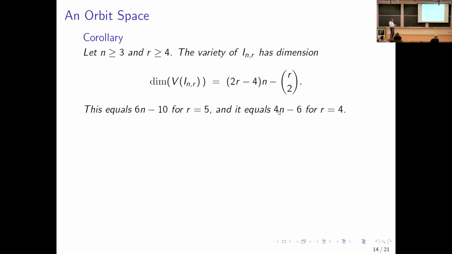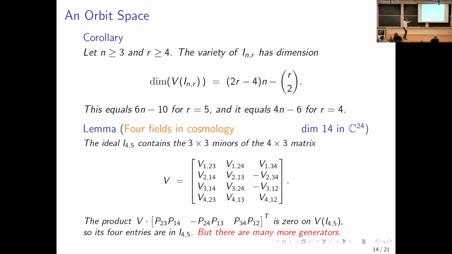This would be the same story for flatlanders, right? So if you have flatlanders at the time of the Big Bang, then my variety is dimension 4n minus 6, and that's the affine variety. So for example, 4 fields in cosmology, the actual cosmology is r equals 5. So it turns out that the ideal I don't know yet, right? So I have the ideal I4,5, so I know it contains the 3×3 minors of this 4×3 matrix and a bunch of other things.